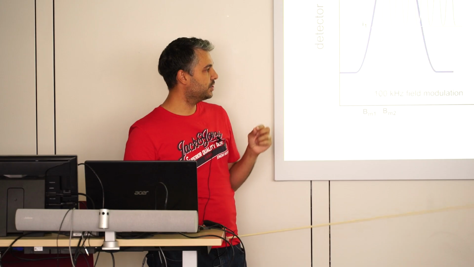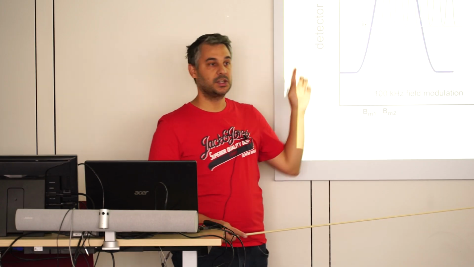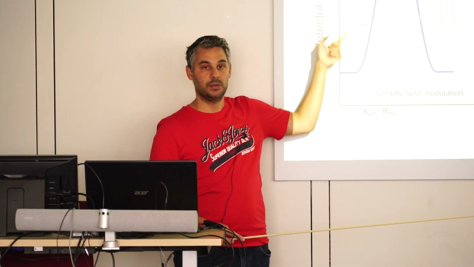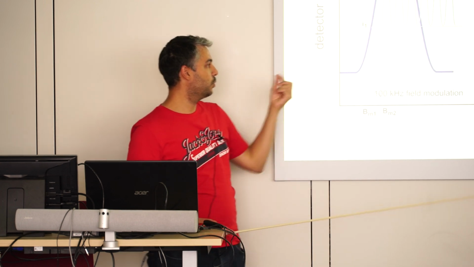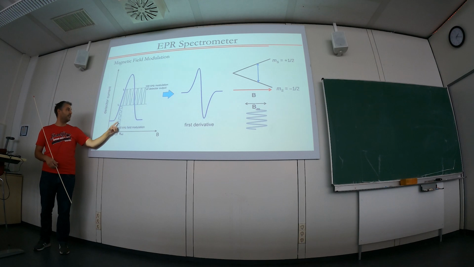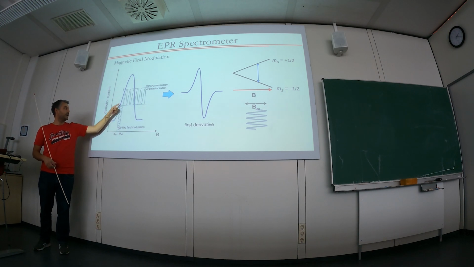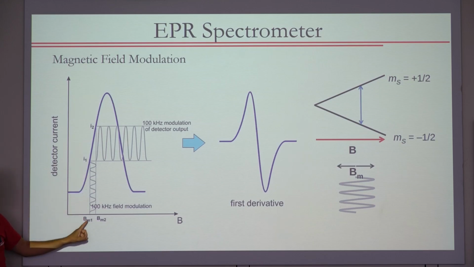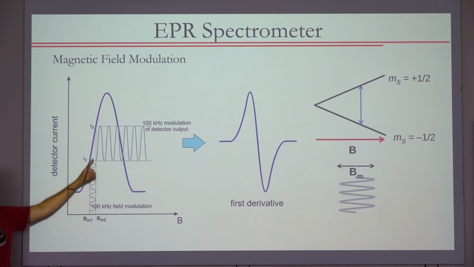That is a much lower frequency than the actual frequency you use to induce EPR transitions. So when you move the magnetic field, you are moving the signal. With this modulation of the magnetic field, your signal is proportional to the derivative of the actual absorption signal at that point.